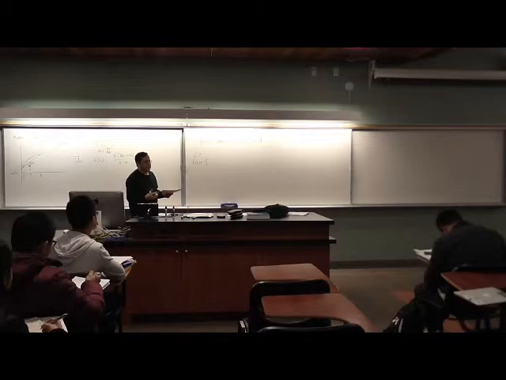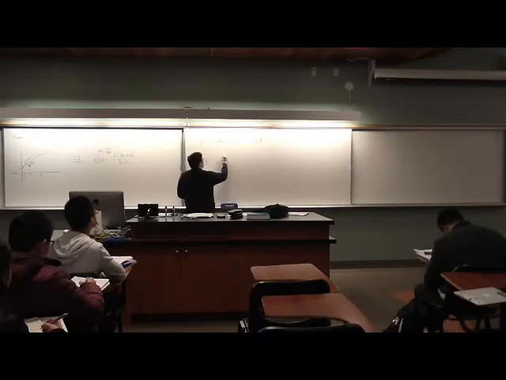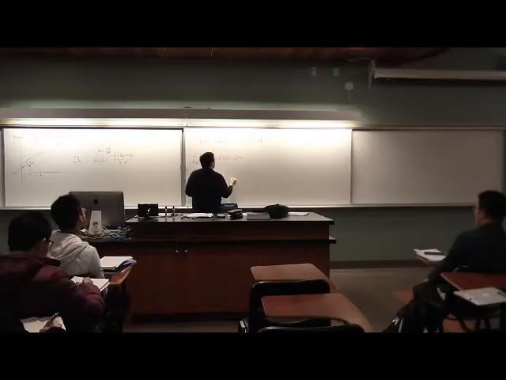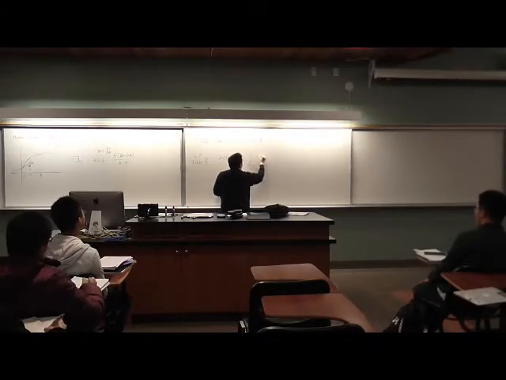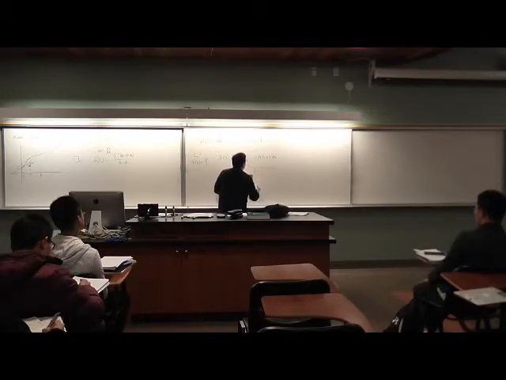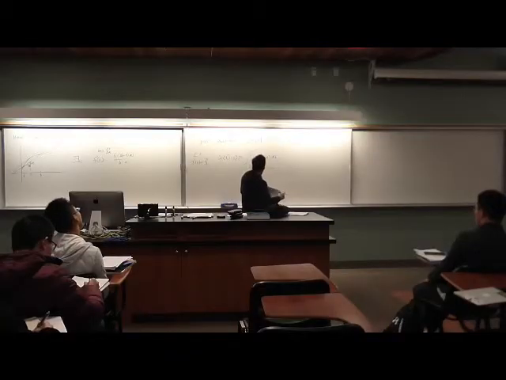This is not very hard, right? I can just say, well, look, 2c times 1 minus c is equal to this average, which I can compute. The integral from 0 to 1 of 2x times 1 minus x. Okay, so let's do this.